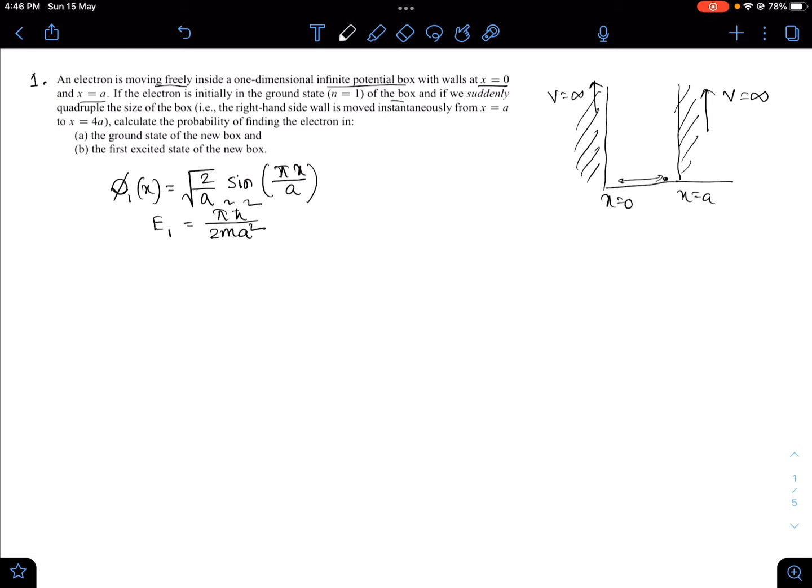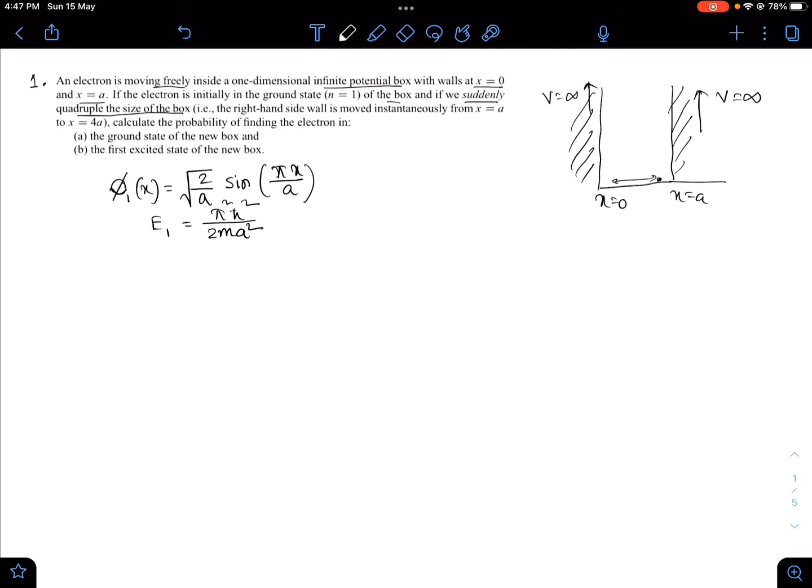Now if we suddenly quadruple the size of the box, what is the meaning of this? That means we are changing the size of the box suddenly. So now the box has this shape. This is x equal to 0, but this is x equal to 4a, and this is infinite potential.